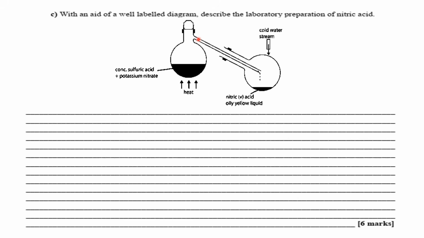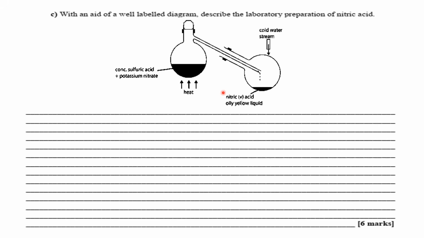This is the delivery tube, which delivers gaseous nitric acid, and then it's cooled by cold water and the nitric acid is collected there. You need to be careful because some of these are highly corrosive substances.